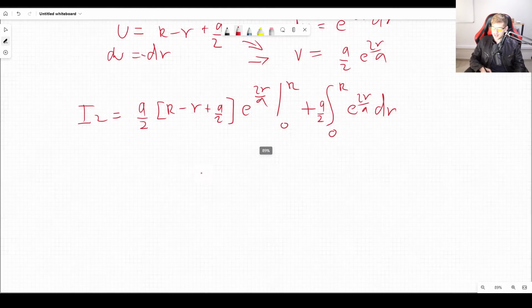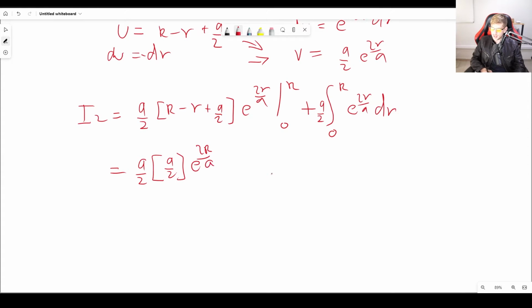Whew, okay, now let's plug everything in. So evaluated at R, we get here that a over 2, R minus r is 0. So we get a over 2 e to the 2R over a, and then minus the same thing, but when small r is 0. So we get R plus a over 2, and this time the exponent is 0, so the whole thing is 1.